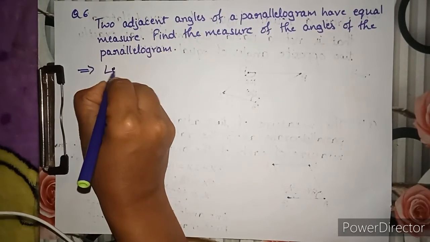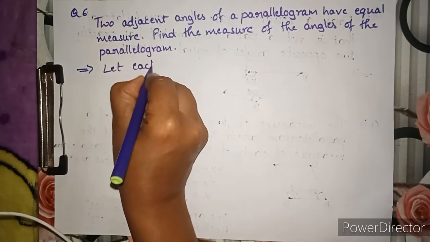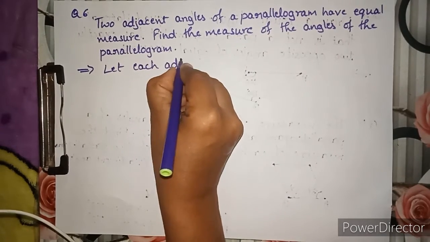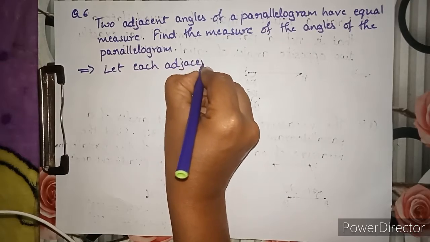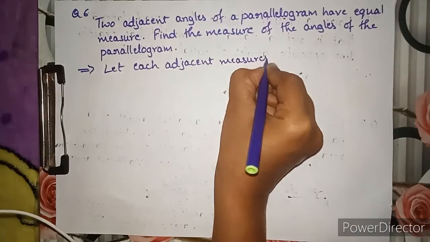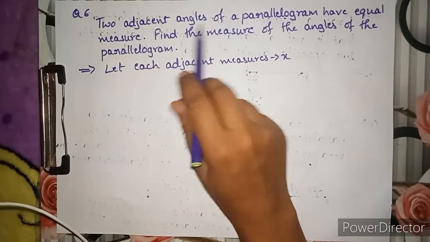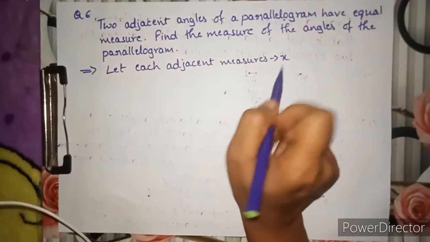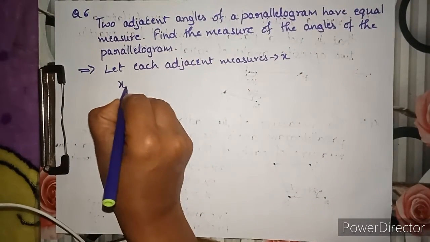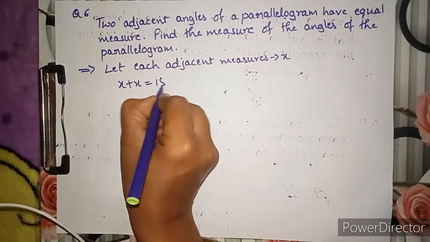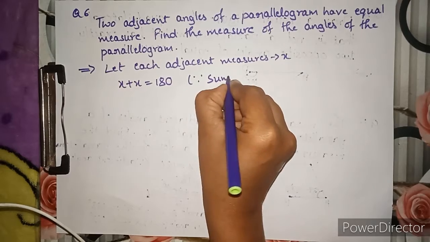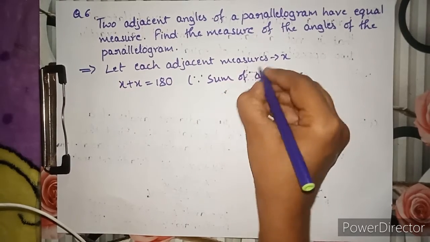So let each adjacent angle measure x. Okay, we don't know the adjacent angle value, so let it be x. So now we have x plus x is equal to 180 degrees because the sum of adjacent angles is 180.